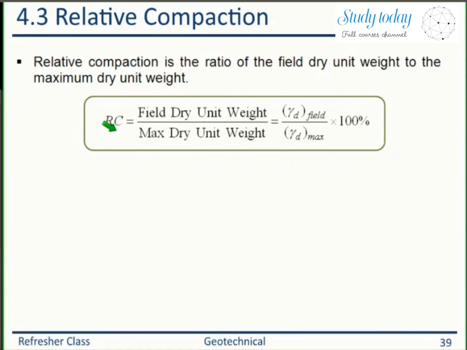Application of compaction equipment, can you go back and explain? We will do that one later on. That's self-explanatory, you can look at it there. There are different types of equipment suitable for different types of soil. Let me go and look at here.